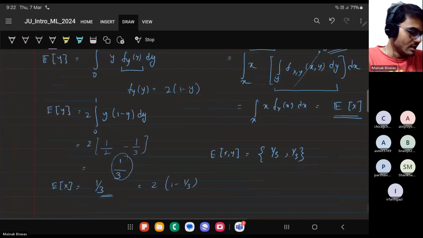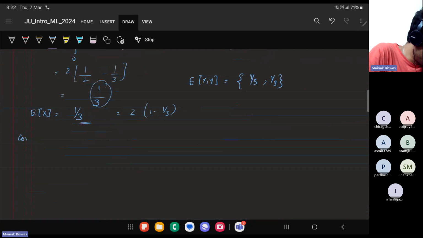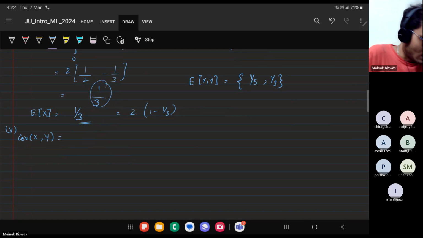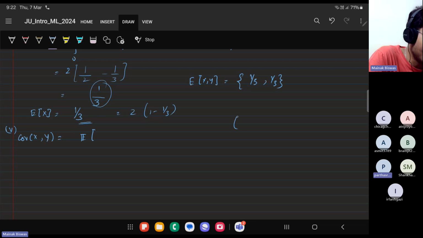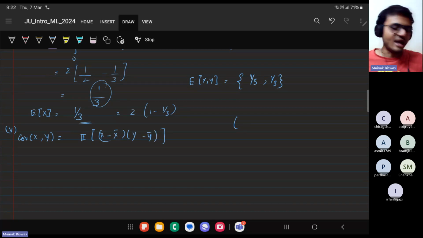Good. So covariance, does anyone recall? What was the formula? How was it defined? It is E of xy minus E of x, E of y. We had defined how the two vary across their mean jointly, right?